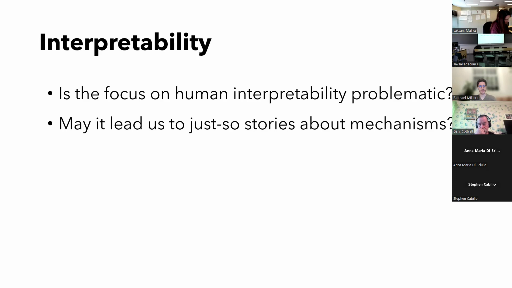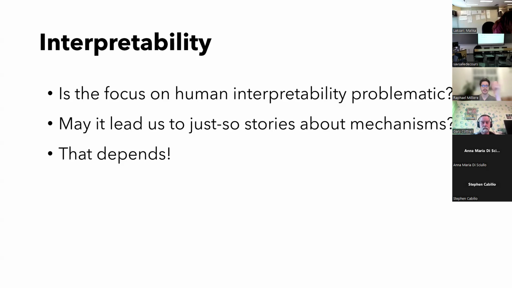And so the worry here is, would that end up leading us astray by promoting just those stories about mechanisms that just happen to fit what is interpretable to us? And going back again to the initial comments I made about the alien narrative, maybe some things that neural networks do are alien in the sense that they're beyond interpretability.